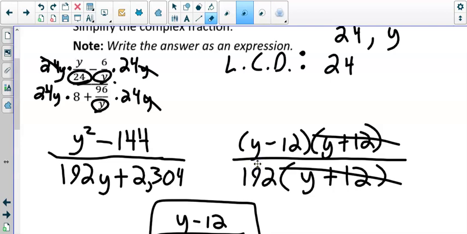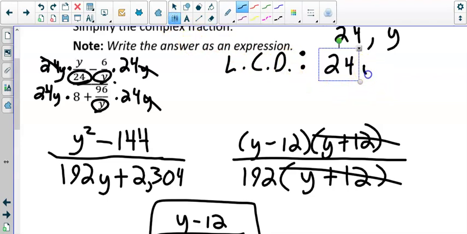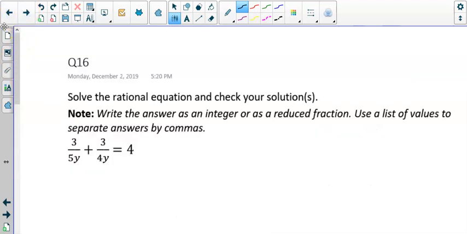So 24 definitely covers 24, right? But does 24 cover the y? No. So what do I need to add in? A y. Because the 24y will cover the 24, and the 24y will cover the y. And since we're talking about LCDs again, that's how this problem gets solved.